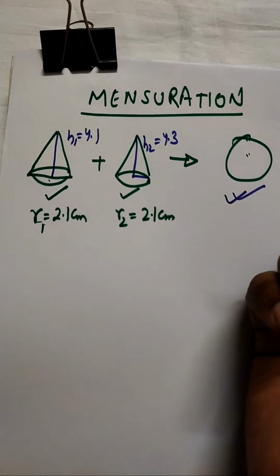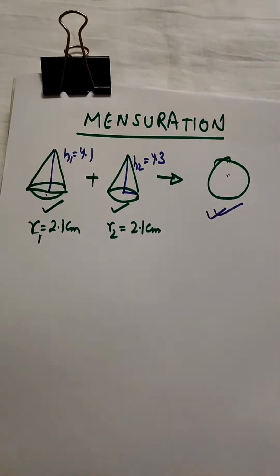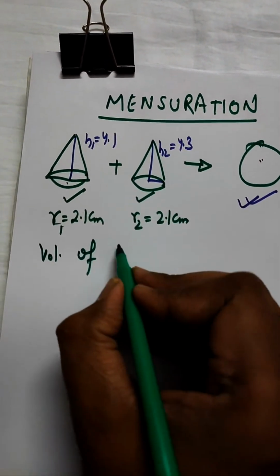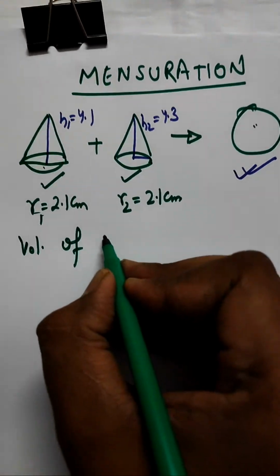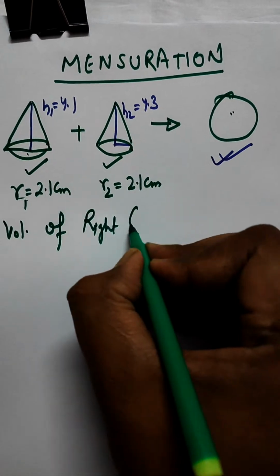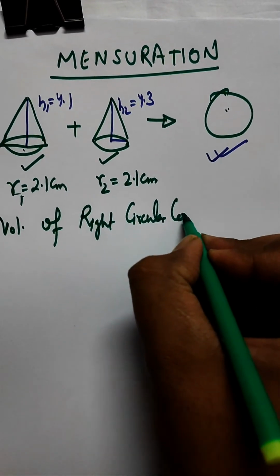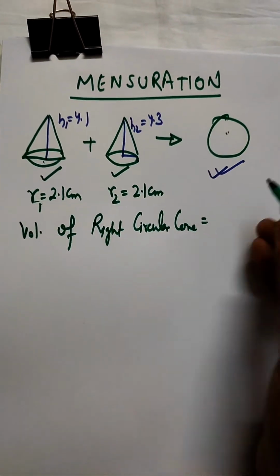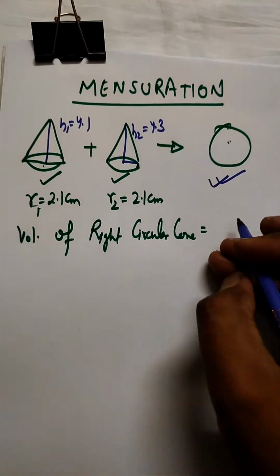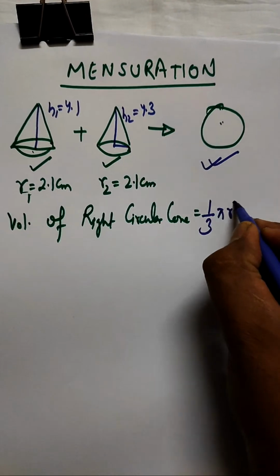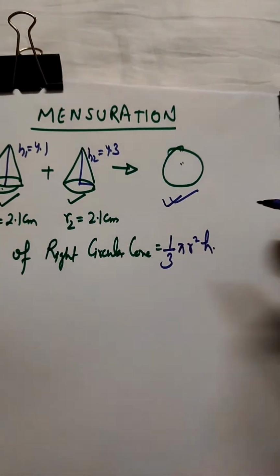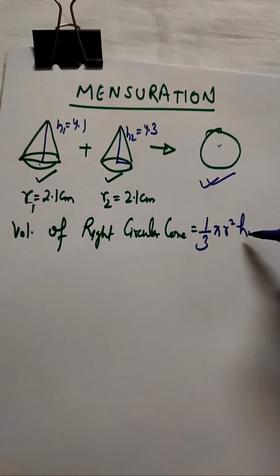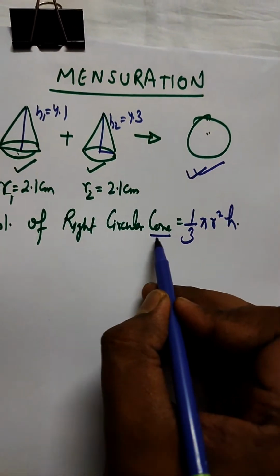And for any right circular cone, we know the formula that the volume of a right circular cone is equal to 1 by 3 pi r square h, where r is the radius and h is the height of that particular cone.